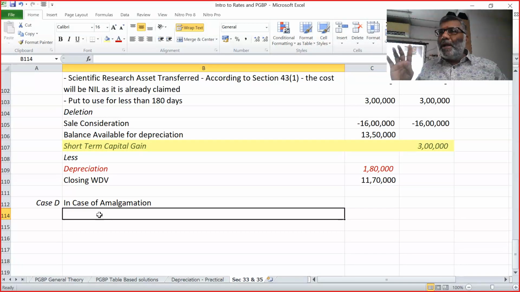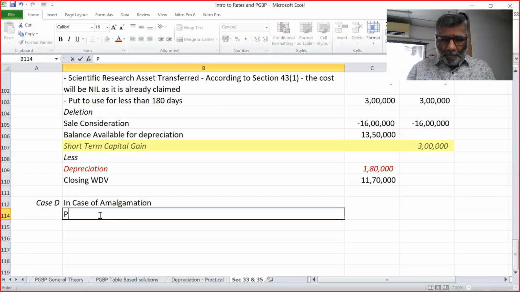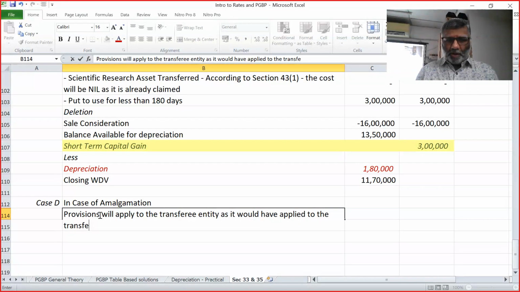Just because amalgamation is over, can the transferor company have no more assessment? No. I will send a notice in the name of the transferee company asking them to open the transferor's book. So provisions will apply to the transferee entity as it would have applied to the transferor entity had there not been an amalgamation.